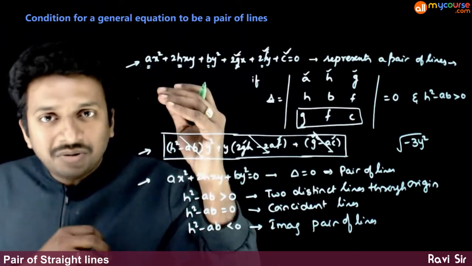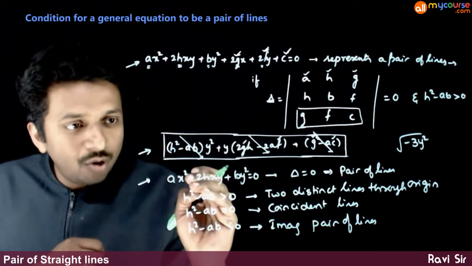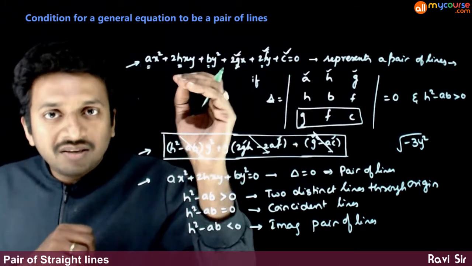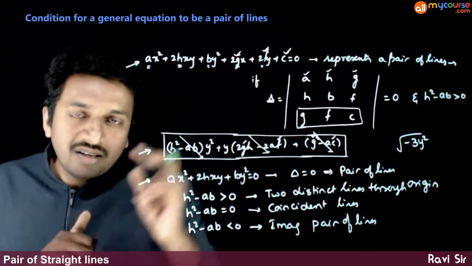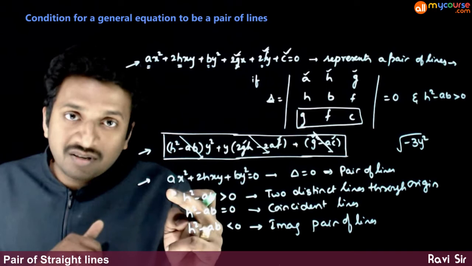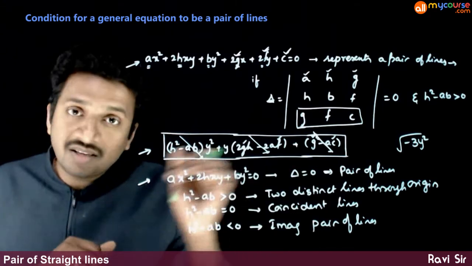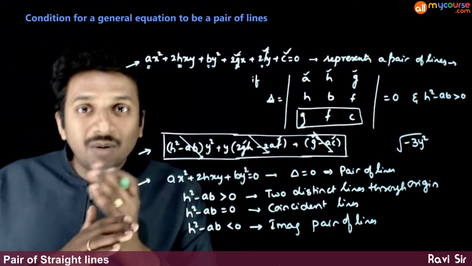So I hope you have understood the analysis of the general quadratic in x and y and a homogeneous quadratic in x and y. The general quadratic in x and y represents a pair of lines if these conditions are valid. A homogeneous quadratic in x and y is always a pair of lines. If h square is greater than ab, they represent two distinct lines.